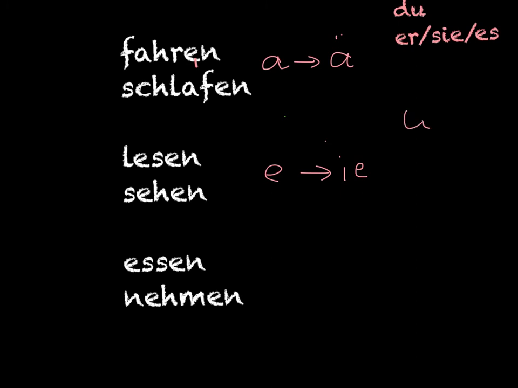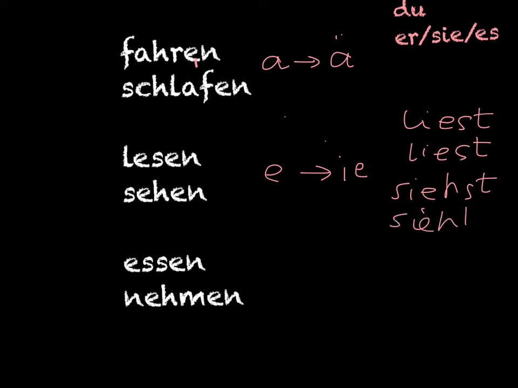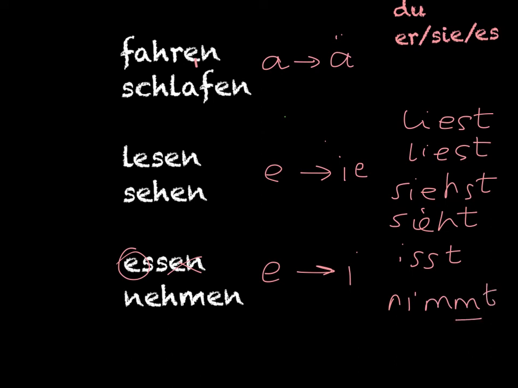Du liest, sie, es liest. Du siehst, sie, es sieht. And on the third set of verbs, the E becomes an I. So the stem changes from the E to the I. Isst and nimmt, with an extra consonant change here as well.